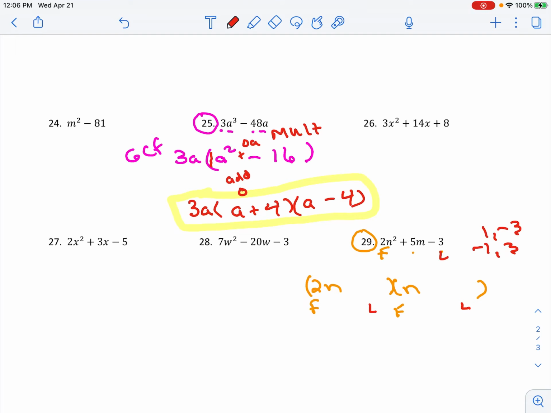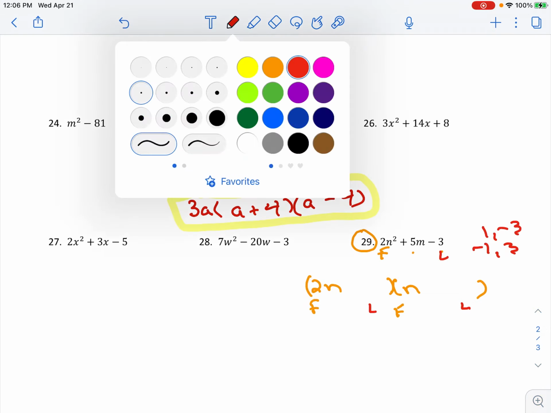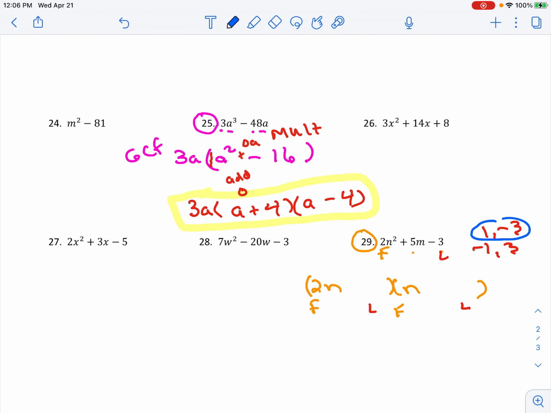Okay, so I'm going to try this top one first. So I'm just going to put in +1 and -3. Now I'm going to multiply those outside terms together, which gives me -6n, and the inside terms together, which gives me 1n. If I combine those together, that would equal -5n.